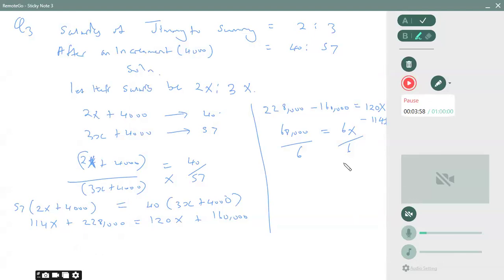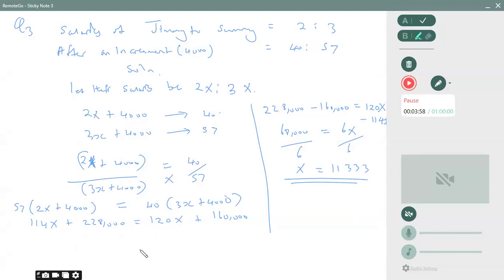All right, so the x value we are having over here is 11,333.3. But this is just the value of x that we were looking for.